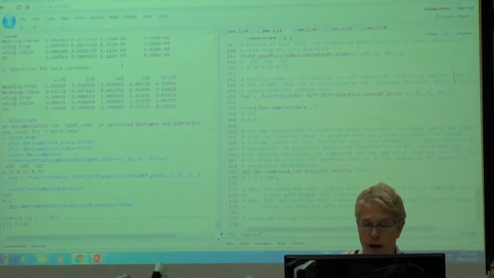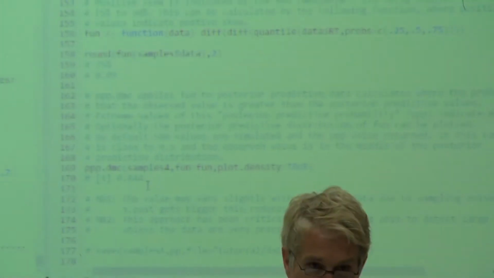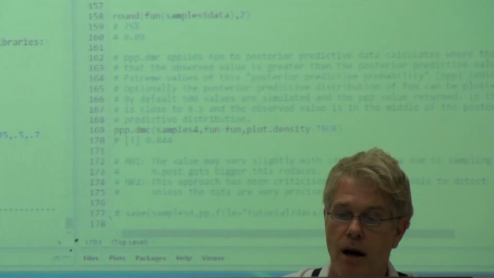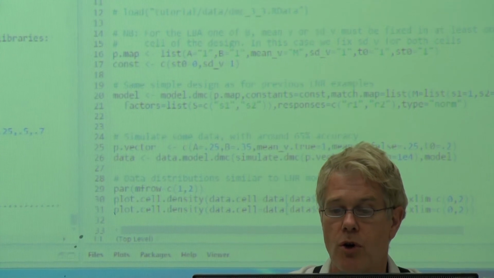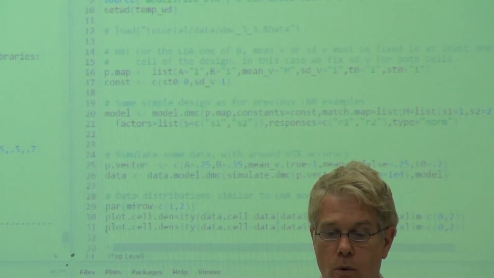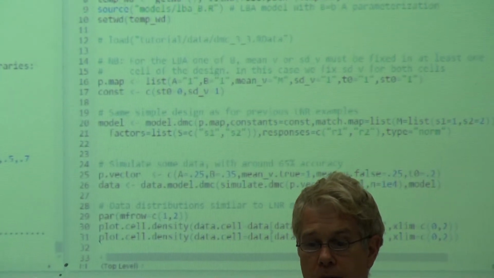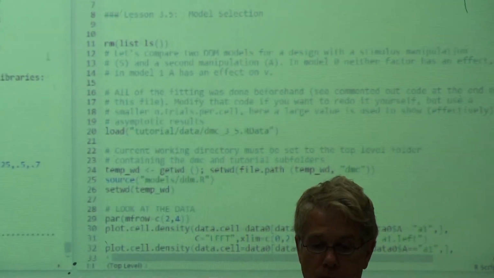Now look, we're at the end of this lesson, and I think everyone's brain is probably totally full. One thing you could do is everyone just spends a while running through the LBA lesson. The only thing to say is I have about half an hour more material on model selection.